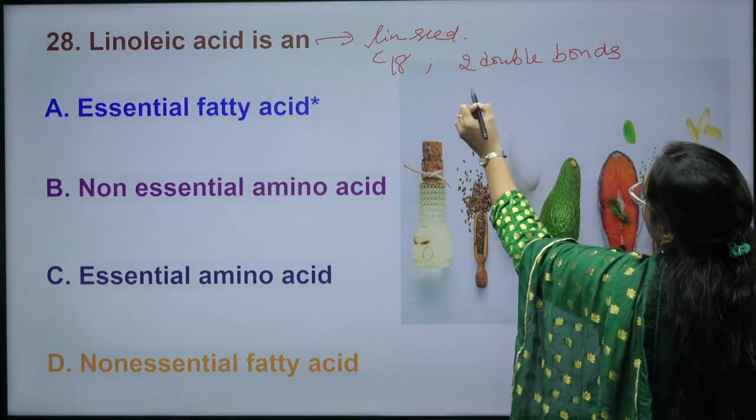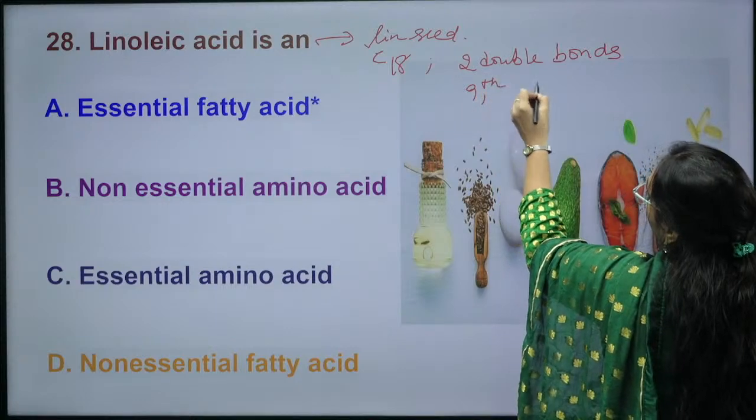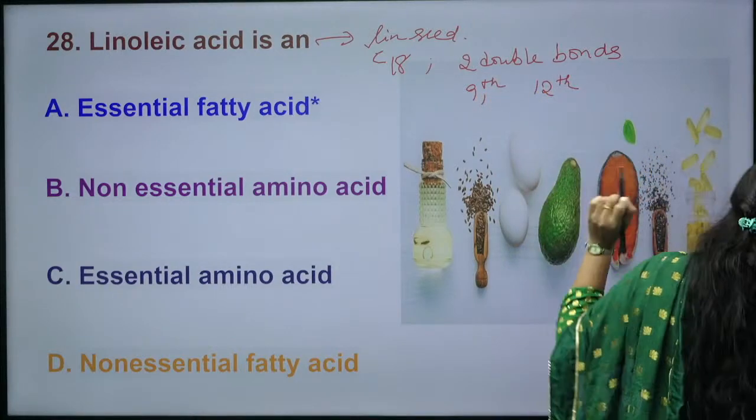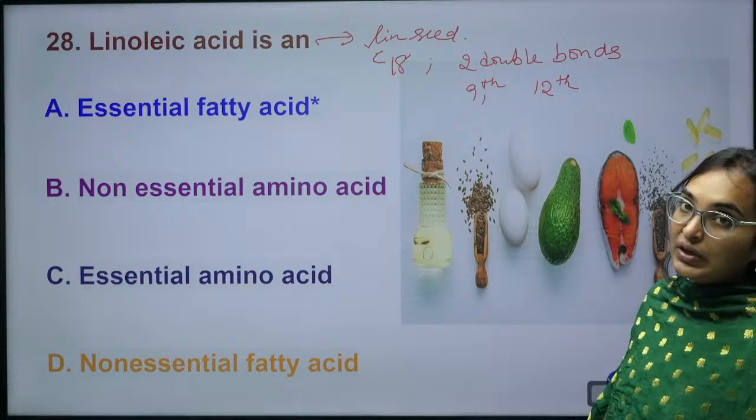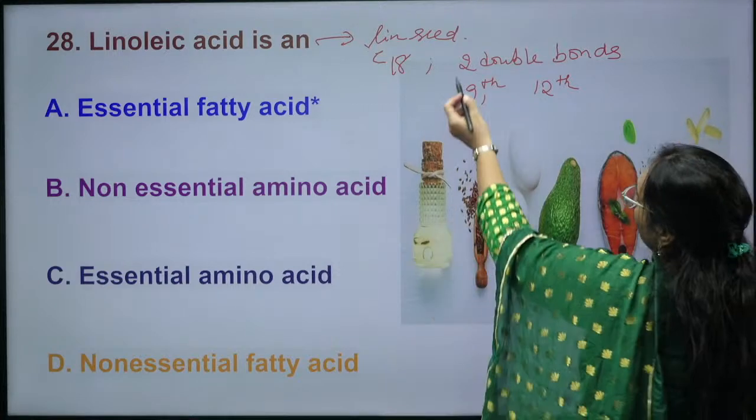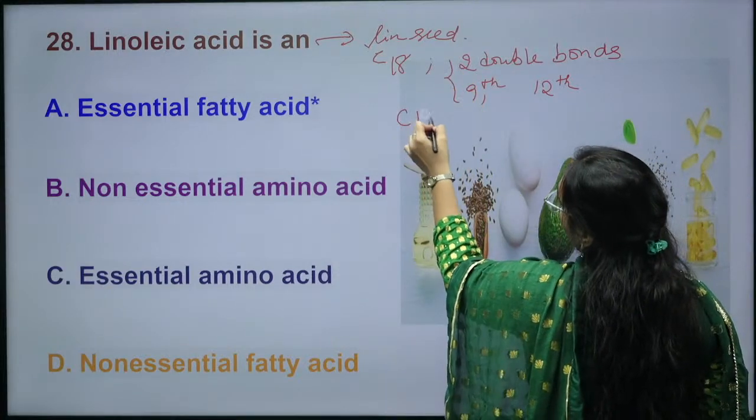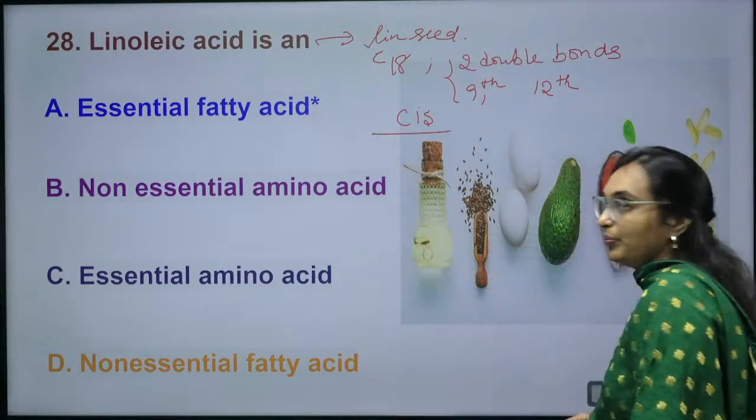One double bond is at the 9th position and another at the 12th position, and both double bonds exist in cis form.